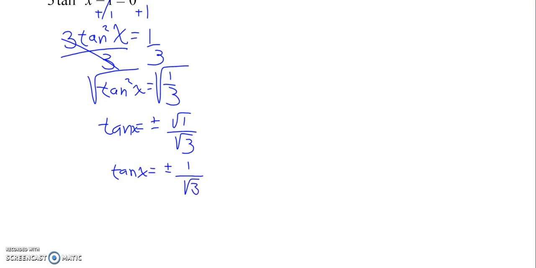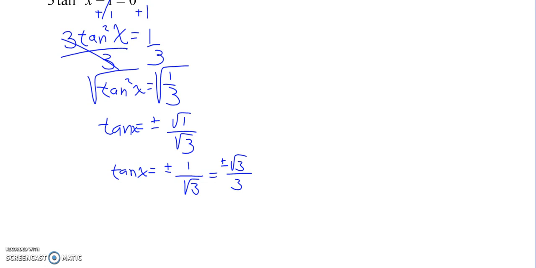That happens on the unit circle. It actually happens 4 times on the unit circle, but the period of tangent is only pi, so we can look at it in just quadrants 1 and 2. Another way to write this would be plus or minus radical 3 over 3. So whichever one you're comfortable with, you have to know on the unit circle that it happens 4 times.